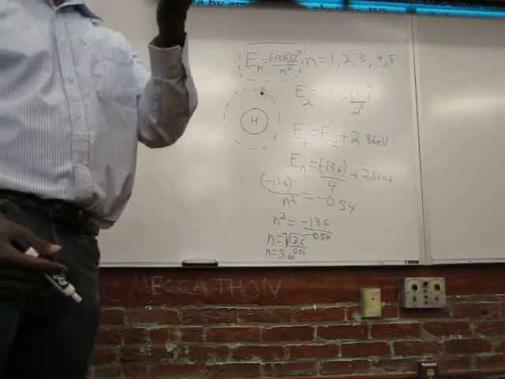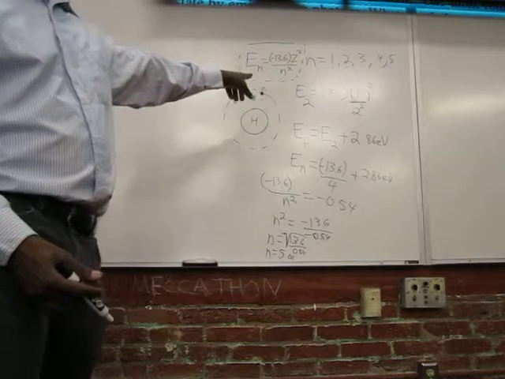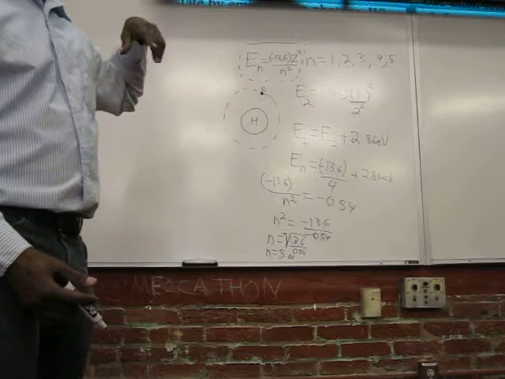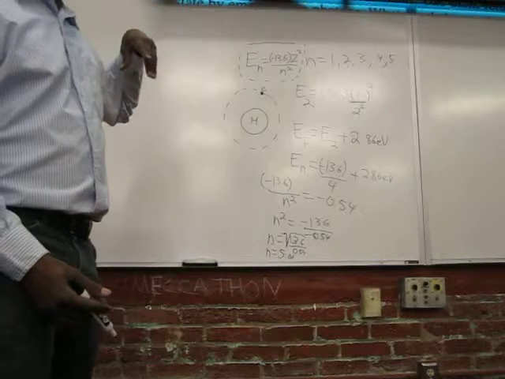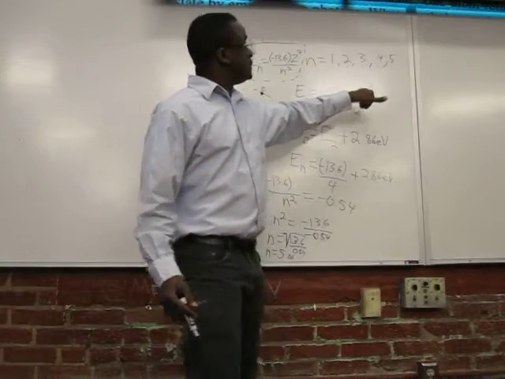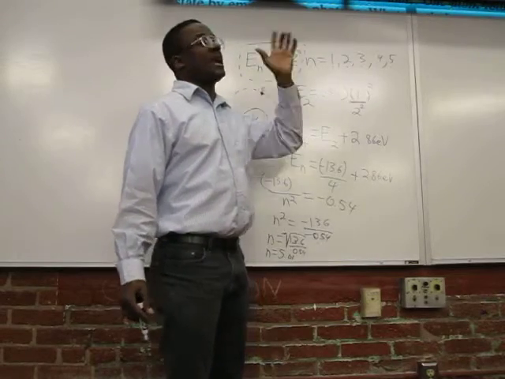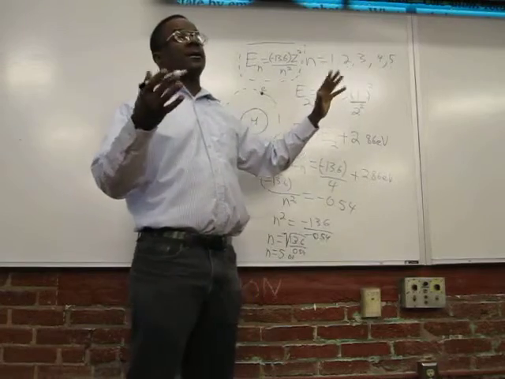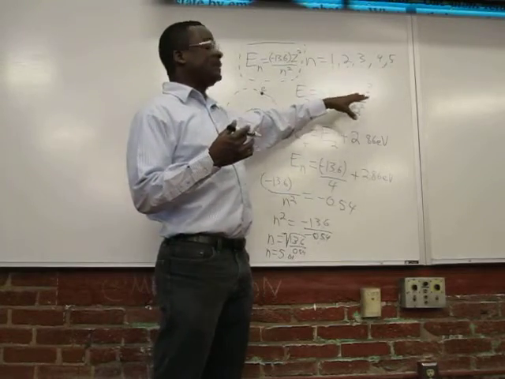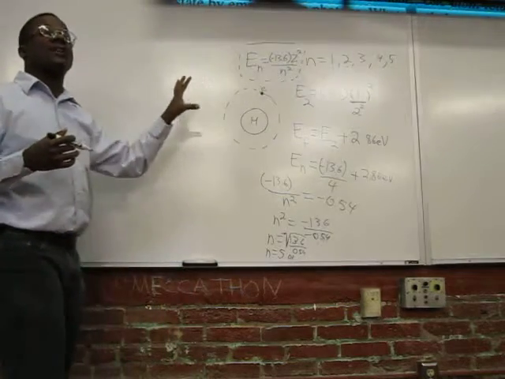If you want to describe the energy of a hydrogen atom, use that equation. With one electron, use that equation. If it's got more than one electron, you can't use this anymore, but you're not going to have to deal with that. You can still use that one though, right? Yep, that's the energy of a hydrogen atom.